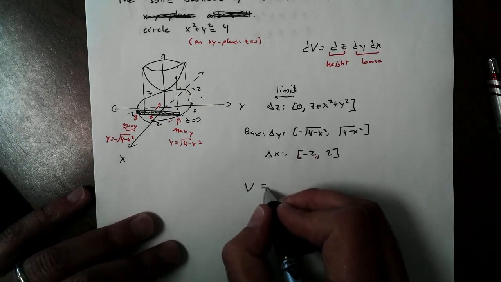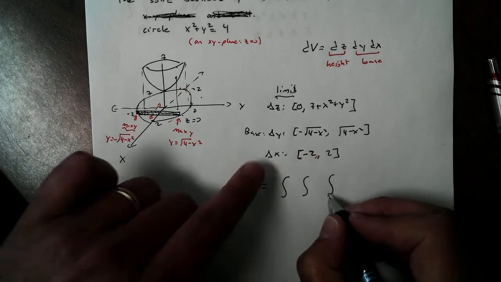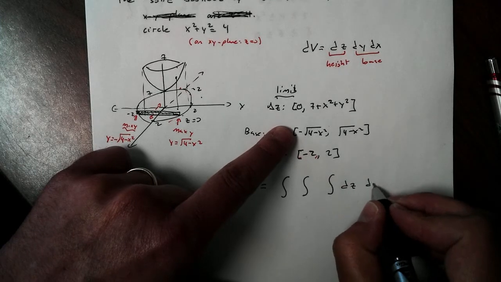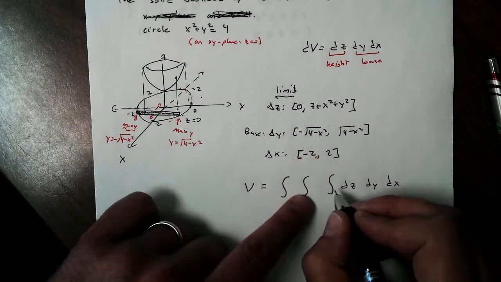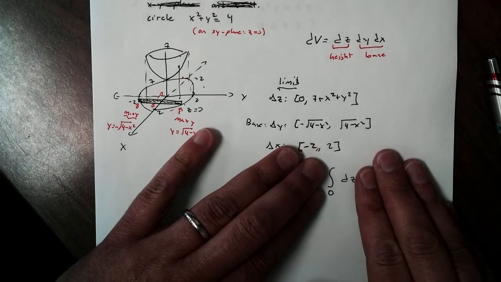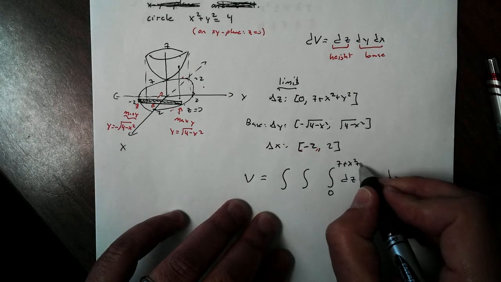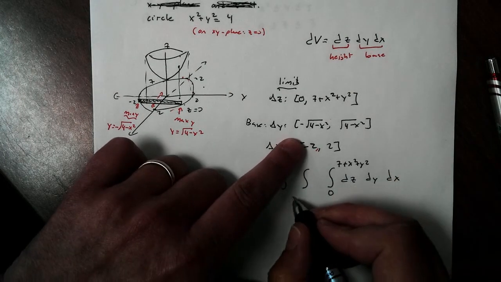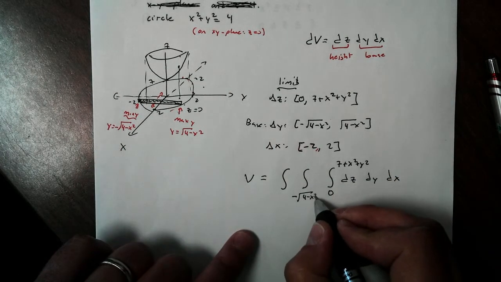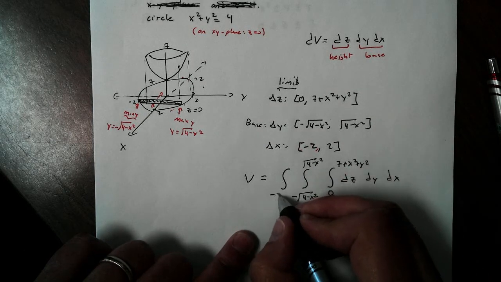So our volume as a triple integral, remember, spread these out, makes it look nicer. dz, dy, dx would be from the change in z, that's the first one, because remember when we integrate, we always start with the inside: 0 to 7 plus x squared plus y squared, negative square root of 4 minus x squared to positive square root of 4 minus x squared, and from negative 2 to 2.